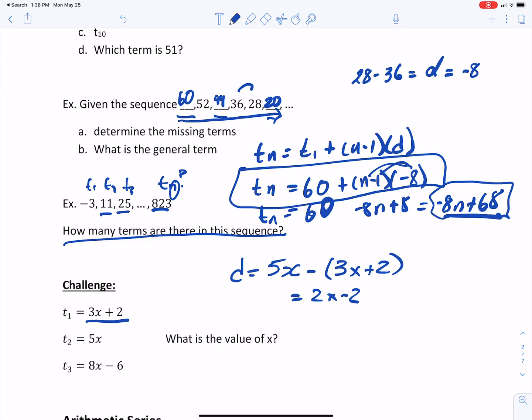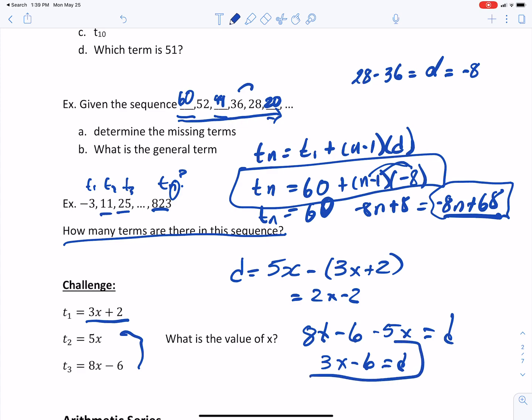And another way I could do that would be using these two terms here. So I could say 8x minus 6, take away the term that comes before it, 5x, and that's also the common difference. So 3x minus 6 is also the common difference. So now what I'm going to do is a little bit of a system of equations that we saw in the other unit.